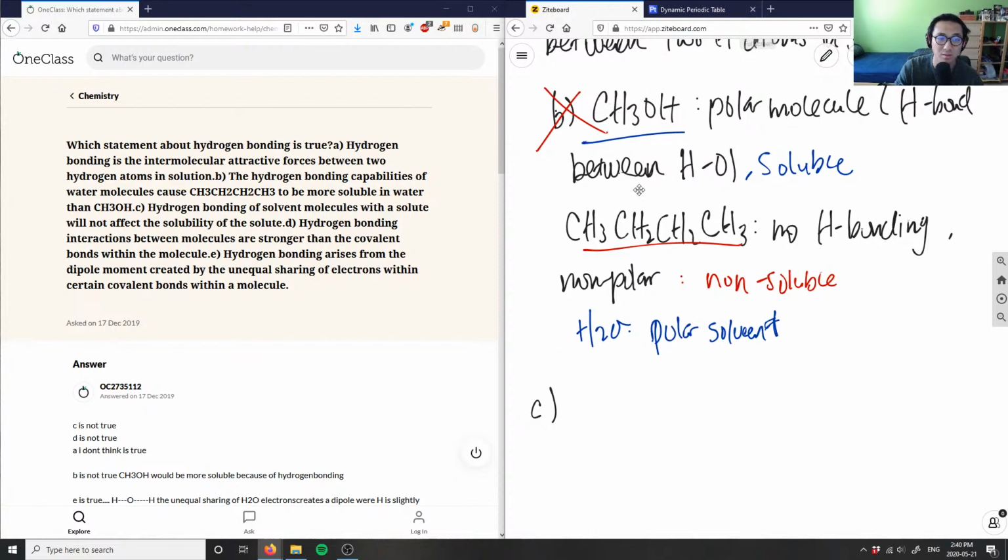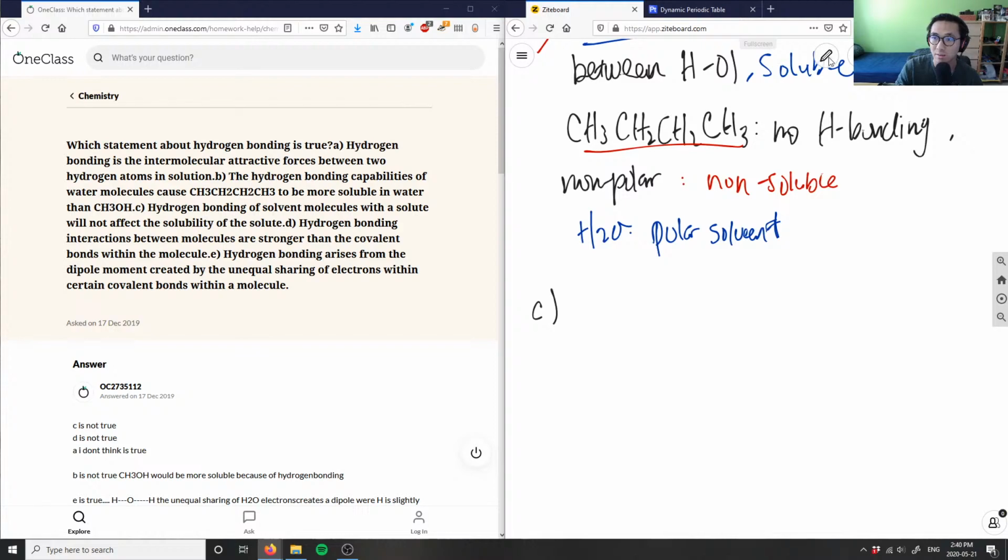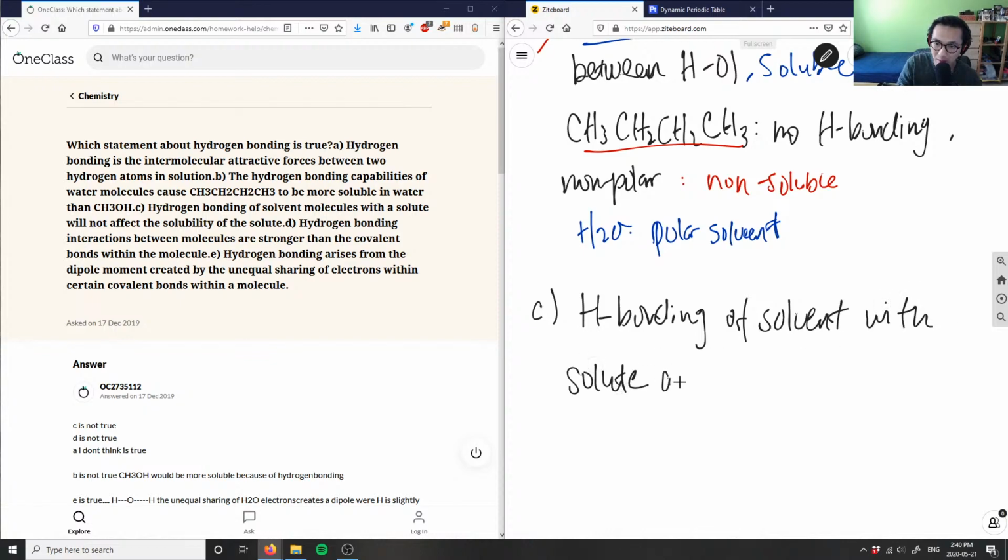So it does affect the solubility of the solute, because this makes it a soluble molecule. So H bonding of solvent with solute affects solubility, and this statement is false.